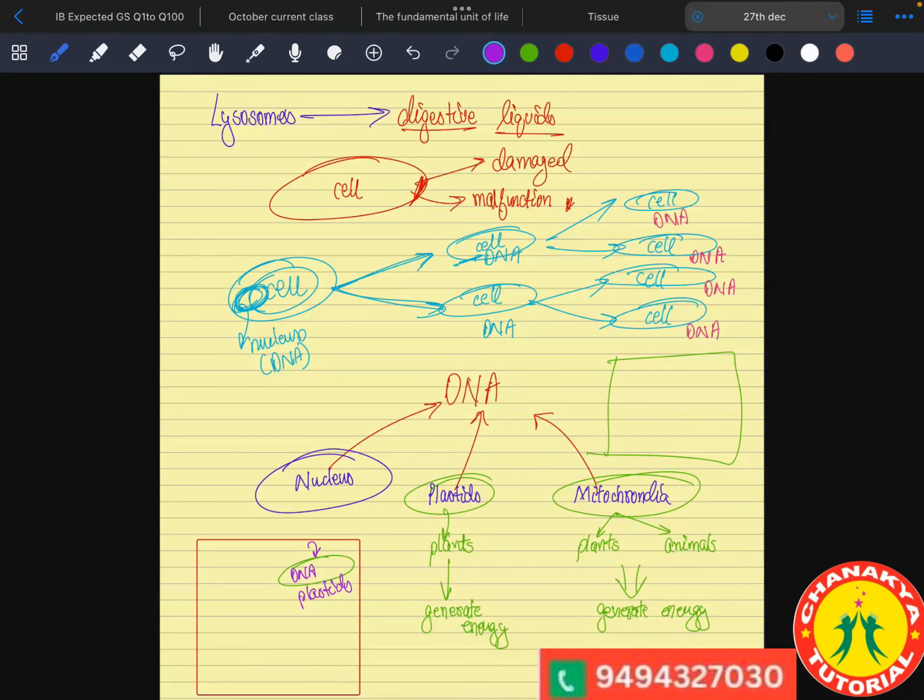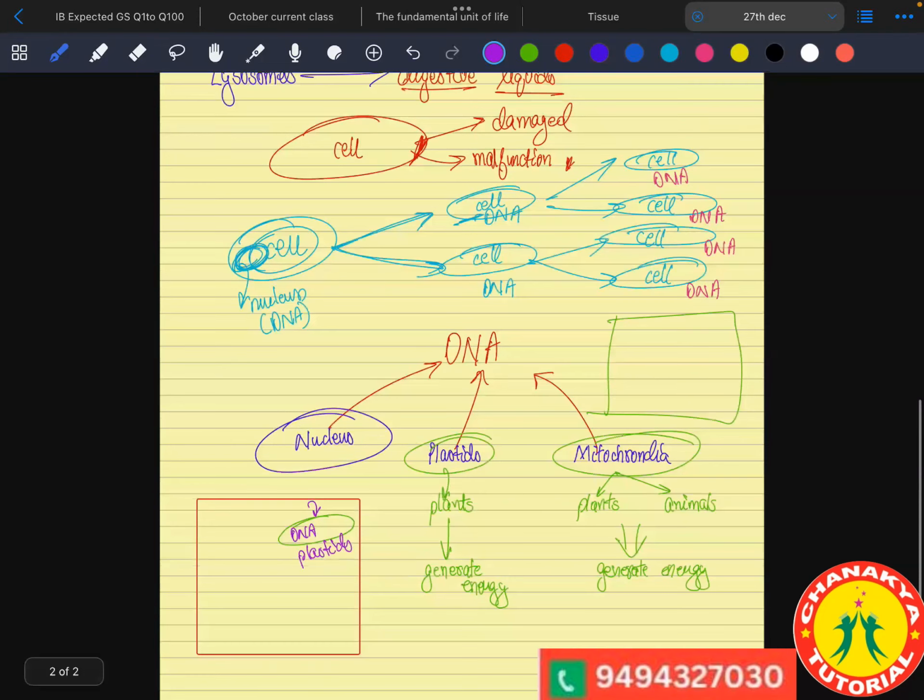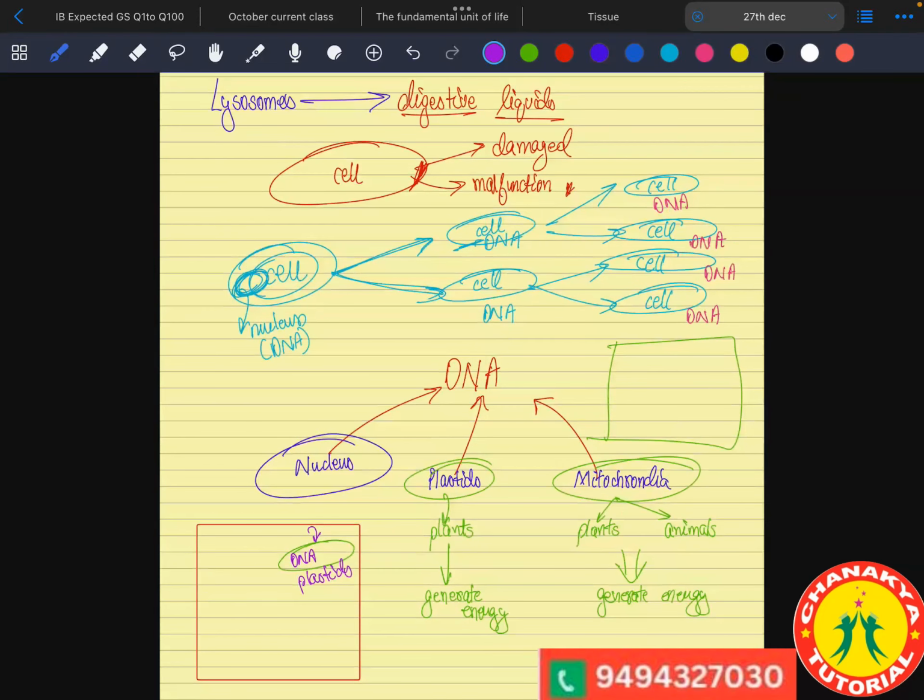Can anyone tell me the reason why plastids and mitochondria have their own DNA? No. So basically, plastid and mitochondria, both of these are used to generate energy. Do you agree with this?